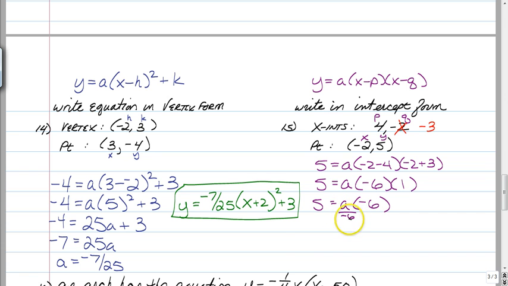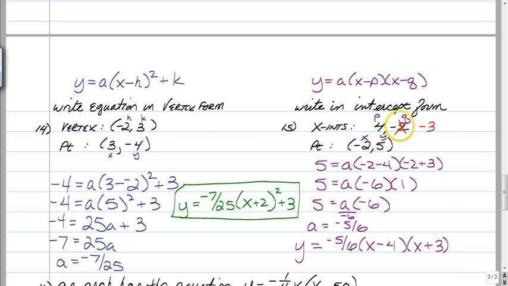So we have 5 is equal to a times -6 times 1, which is -6a. Divide both sides by -6 and we get our a value is -5/6. So again, this is going to be y is equal to -5/6 times x minus 4 times x plus 3.